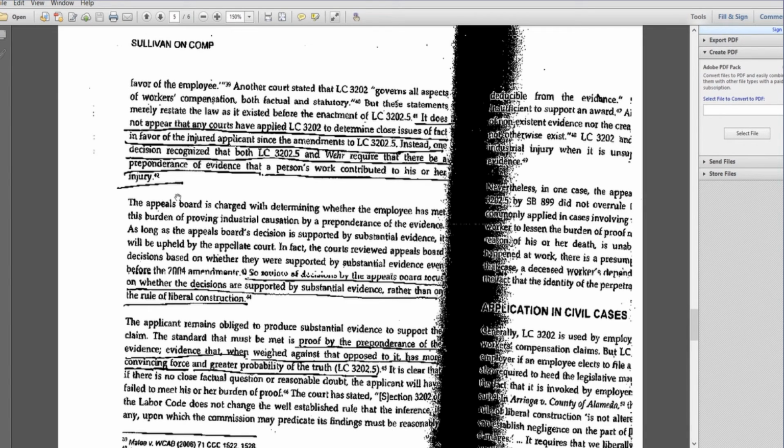There are those cases that we see that are Labor Code 4060 cases, for the determination of compensability. But for the most part, we're seeing examinees who have had their injuries already accepted.